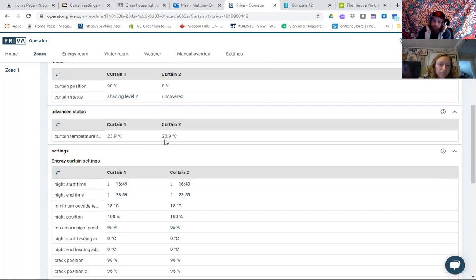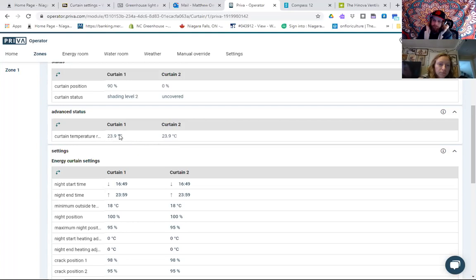Each curtain will look at temperatures because we can control the curtains through energy savings. So we'll close the curtains based on either outside temperature or what the greenhouse temperature difference would be.